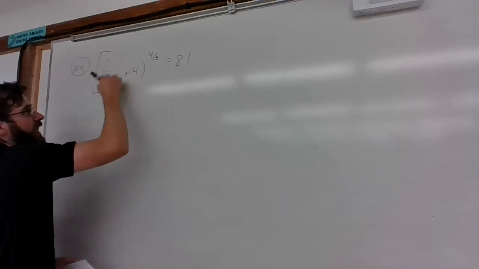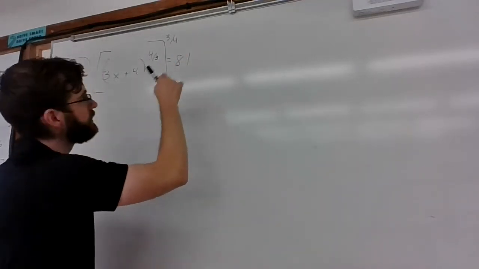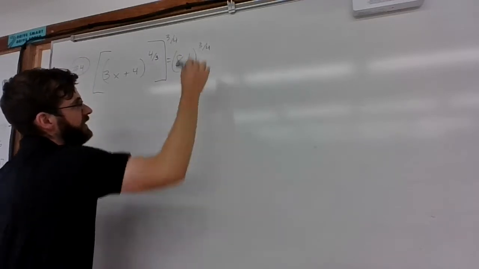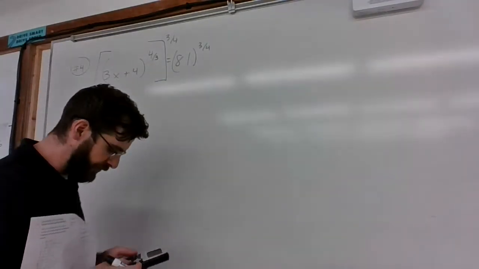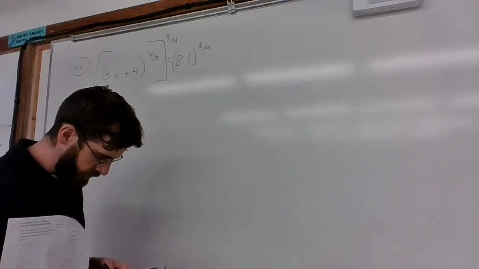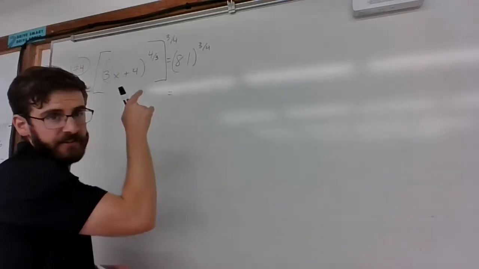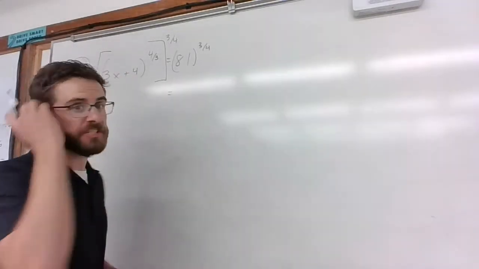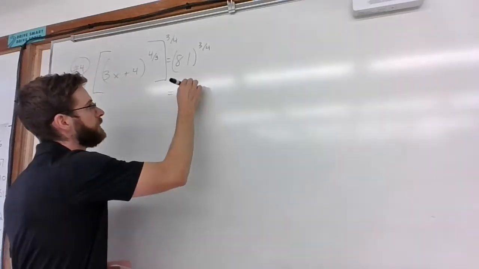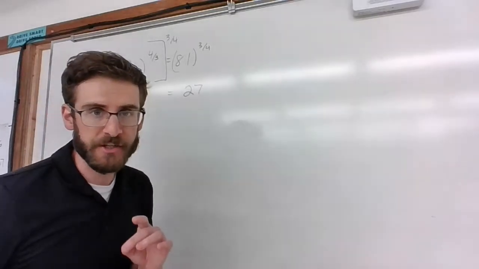If I apply a power that neutralizes it to both sides, and by the way, you can do this on a calculator, 81 to the 3/4 is 27. Is this plus or minus 27, or is it just 27?